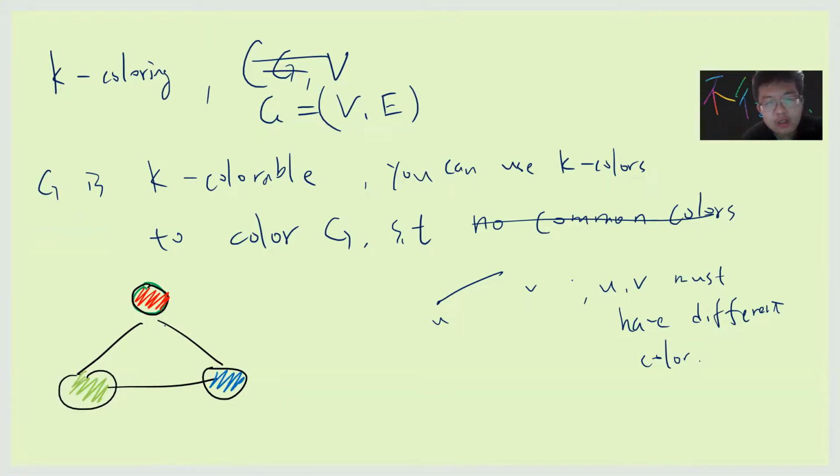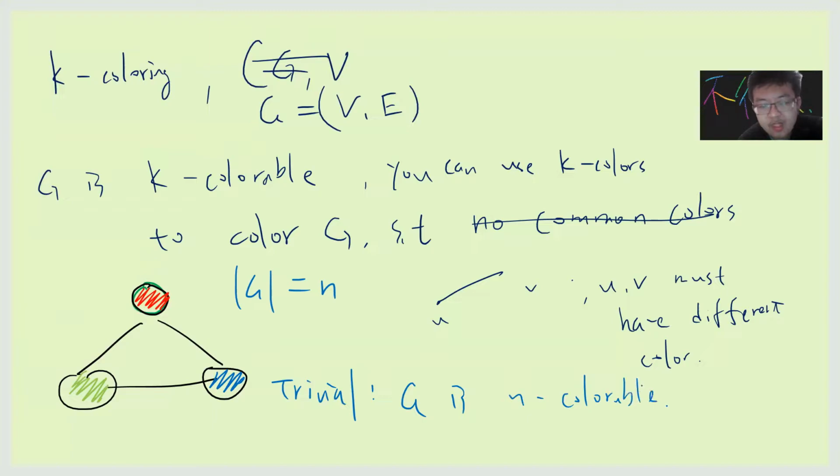If there's an edge connecting, then the adjacent vertices must have different colors. Trivially, if G has n vertices, then G is n-colorable. G may not be 1-colorable or 2-colorable.